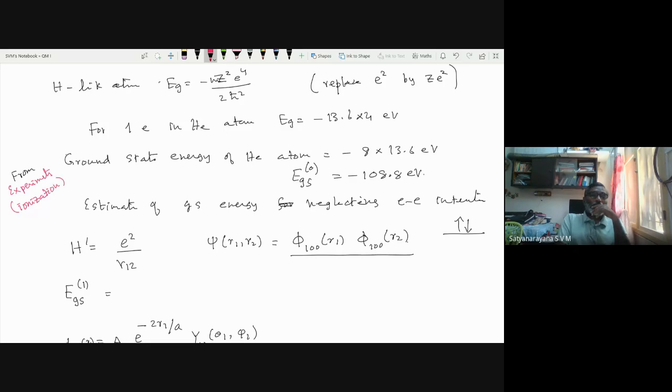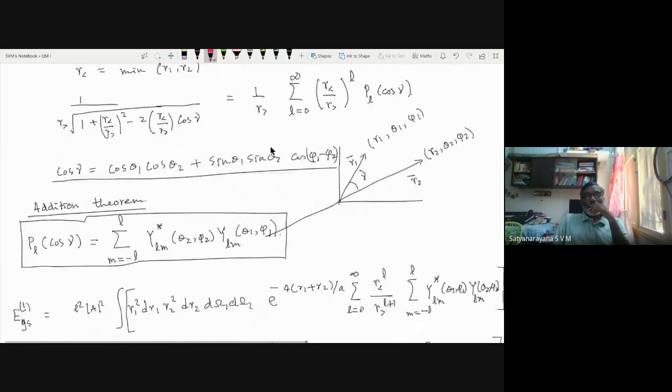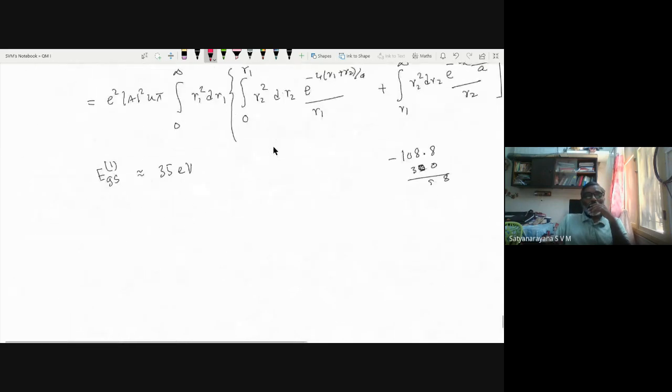Ionization experiments. It is known that this EGS is minus 78 electron volts. So you can say that this is the exact, because experiment is always exact. Okay, so we get something which I don't know, you can check the book, but this is of this order, 34 or 35, something like this.